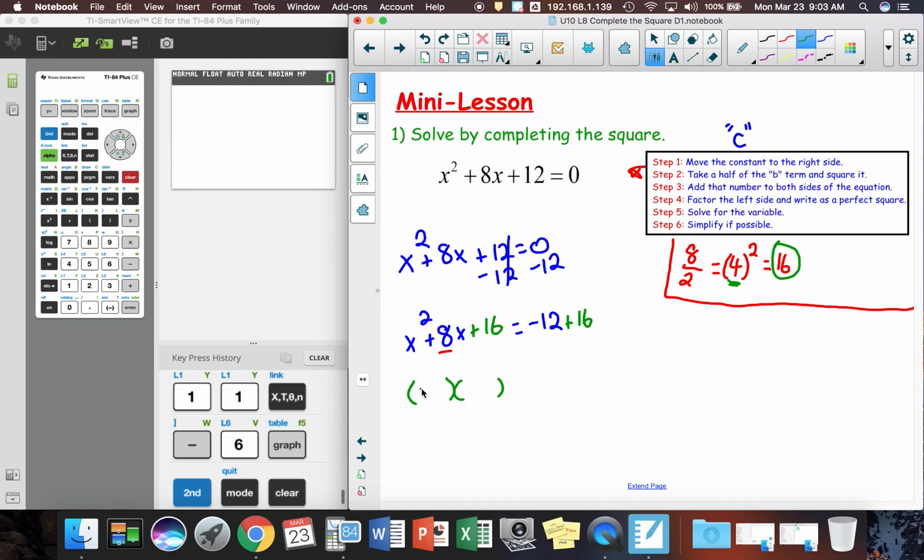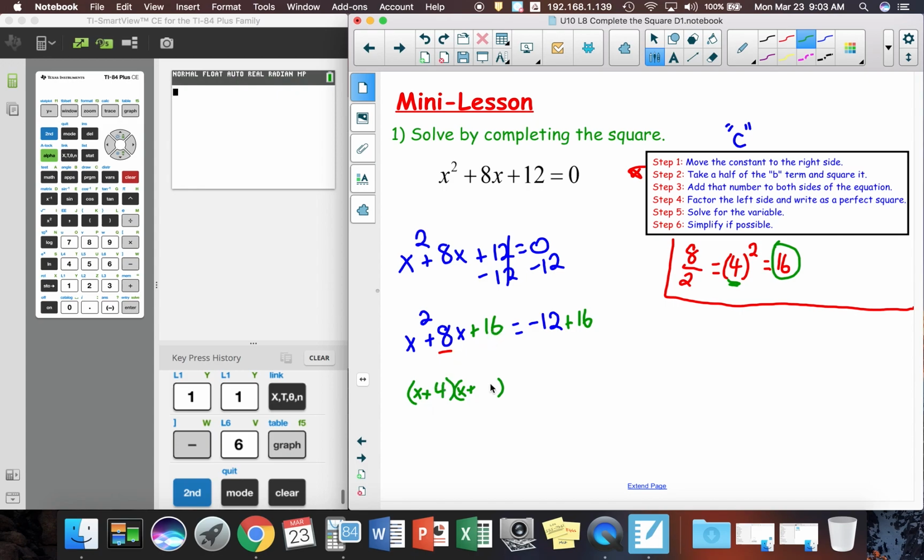I split my x and x. And I've got to figure out what multiplies to 16 and adds to 8. Well, we know that's going to be 4 and 4. Right? I drop my plus sign. Positive times positive gives me positive. And 4 times 4 is 16. 4 plus 4 is 8.